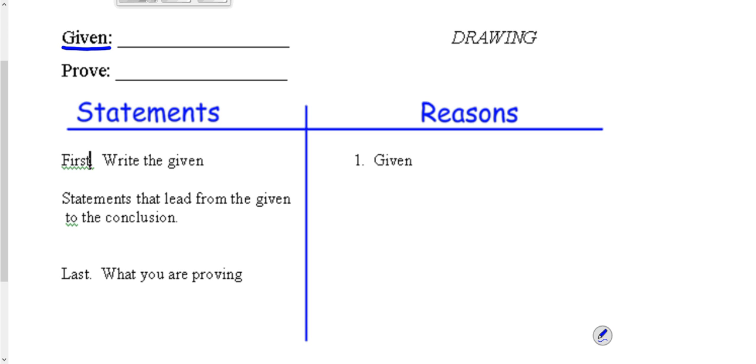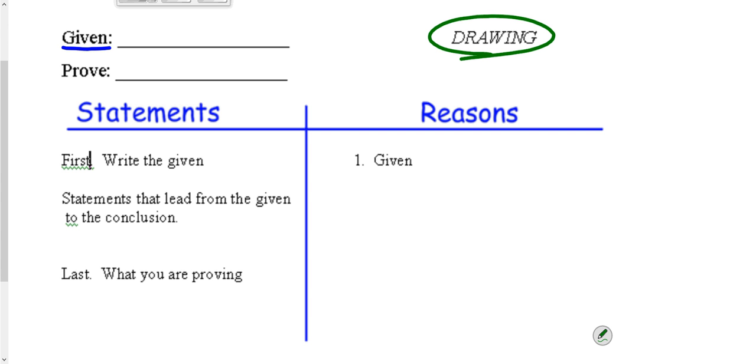There will also be a drawing, and drawings can also give given information. Sometimes there may not be anything written as given, but the drawing might show that different line segments or angles are congruent. That is information that the problem is giving you.